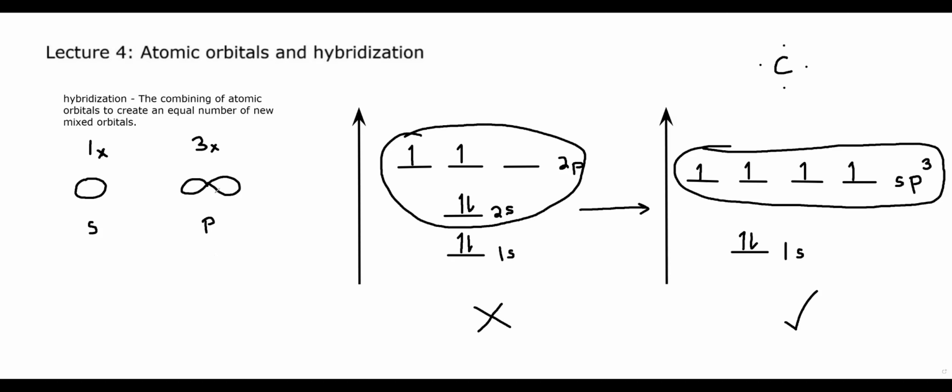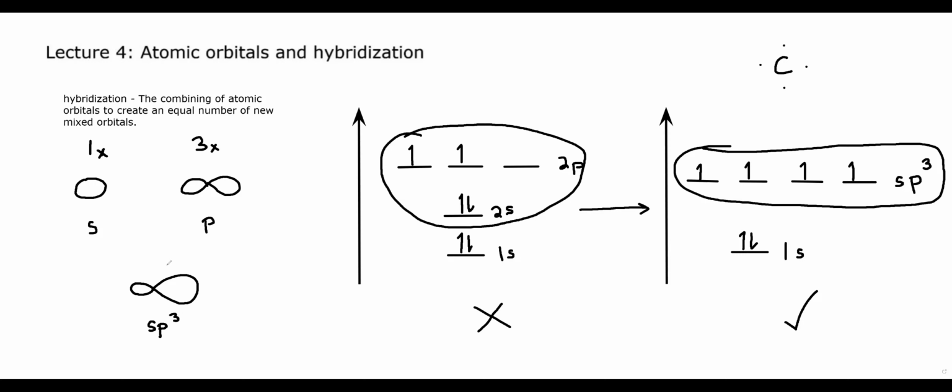So it'd mostly look like the p, but there'd be a little bit of s influence in there too. So what it ends up looking like is you just have sort of a slightly lopsided p orbital, where one lobe is a little bit larger. So this would be sort of the appearance of an sp3 orbital, how you may see it represented, okay?